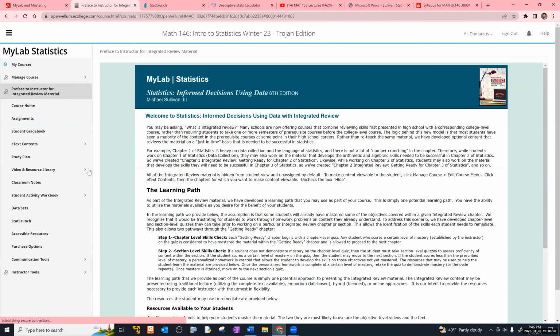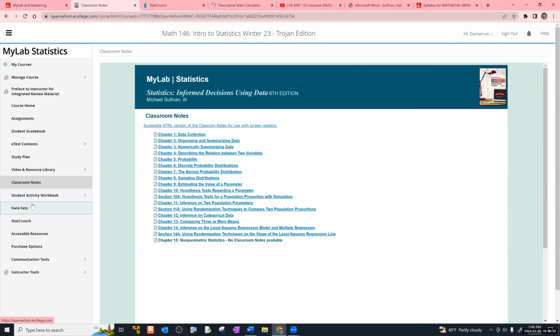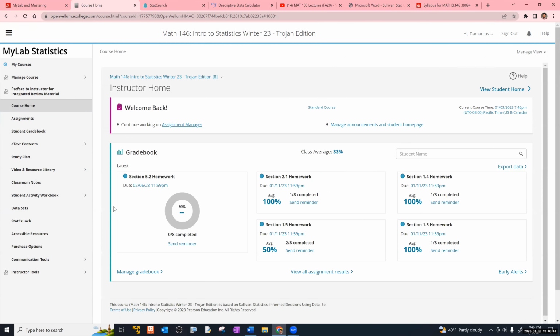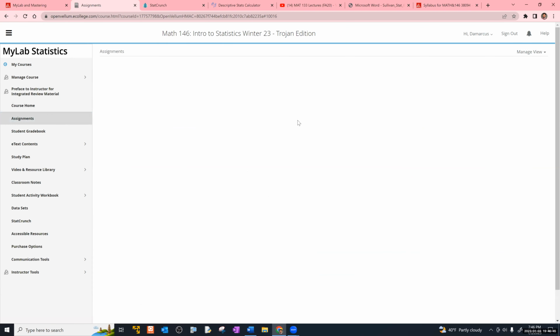You get the book inside of here. You get some class notes. These are the same class notes that I've already put in to the discussion. StatCrunch, and a whole list of other things. And this is where you can also access the assignments. You get the full screen, which is pretty convenient.